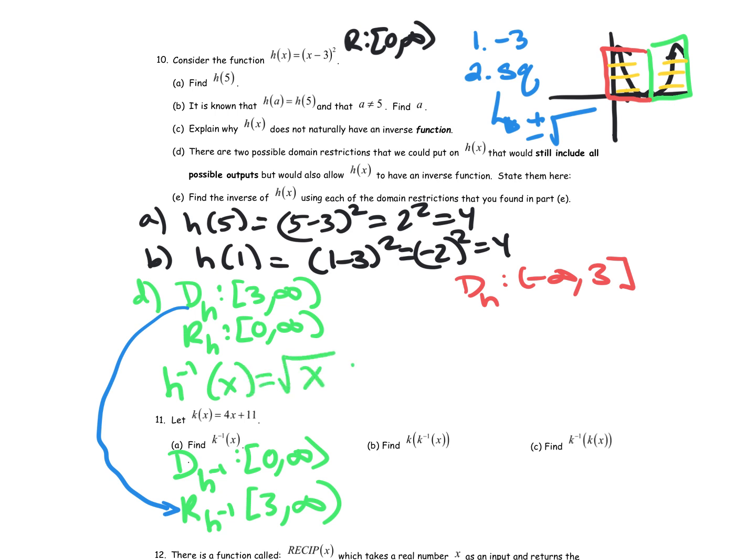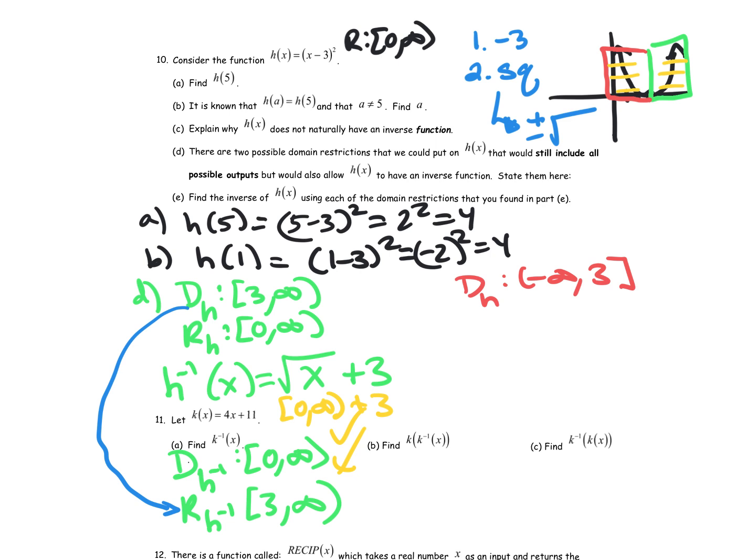The opposite of minus 3 is plus 3. I want the positive square root of x because I want the range of my inverse to be 3 to infinity. The positive square root of x coming out of that would be 0 to infinity, and then adding 3, that would check out. So that would be great.